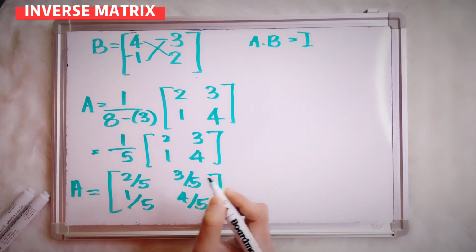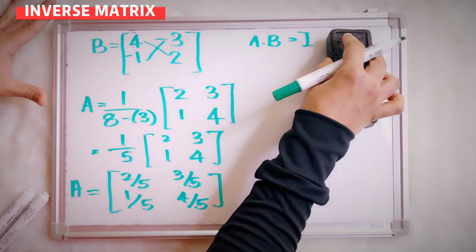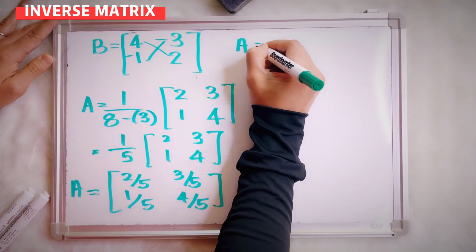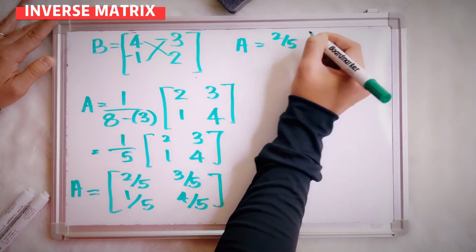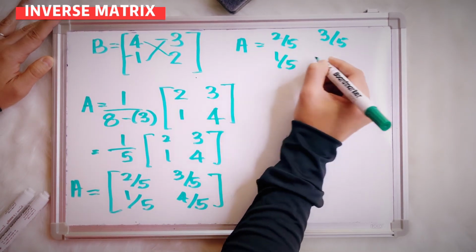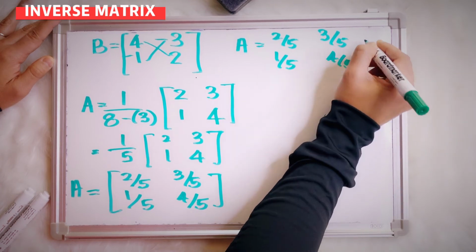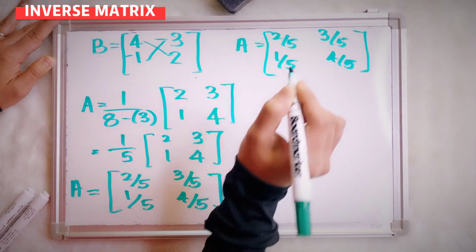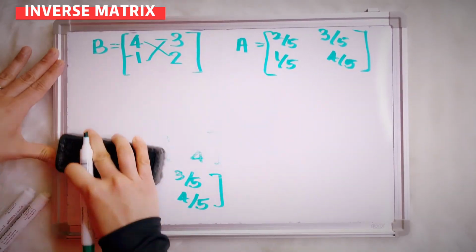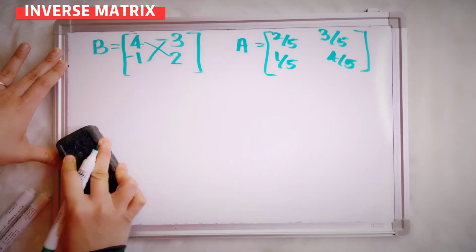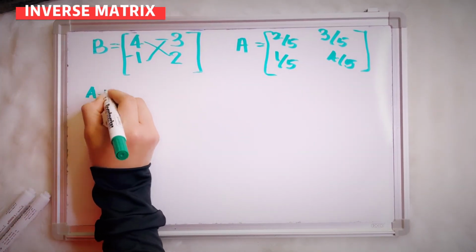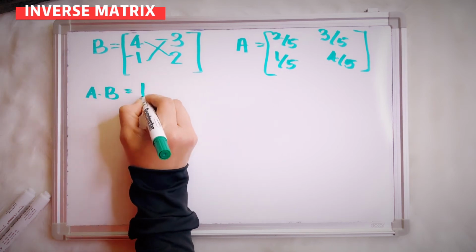Okay, now I put here. So matrix A is 2 over 5, 3 over 5, 1 over 5, and 4 over 5. Now we have to multiply A and B to get matrix identity, because the question asks you to do A times B equals identity.